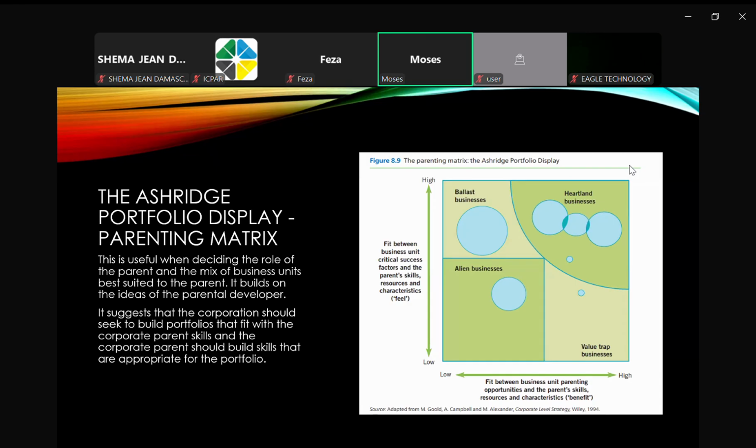You have value traps, which are businesses that appear as though they present value, but they are traps. There is nothing you can add in terms of value. And then you have what we call the ballast businesses.